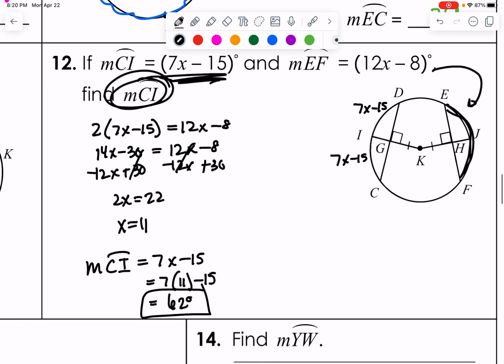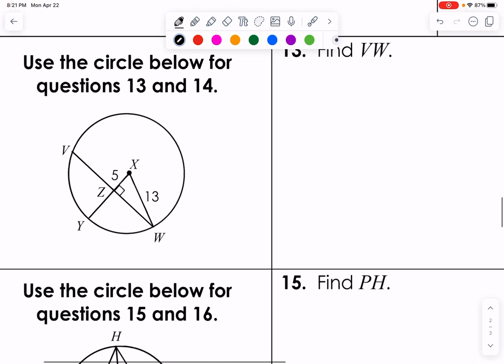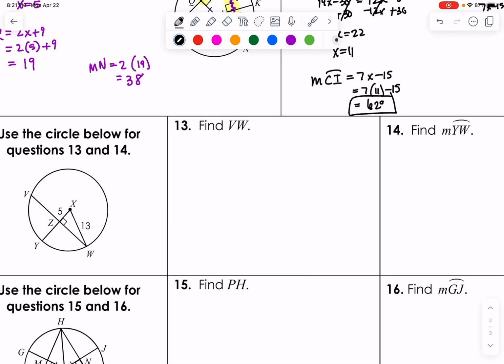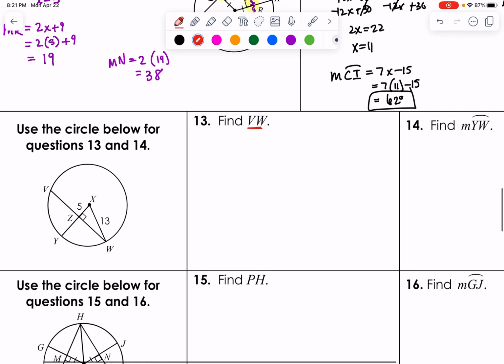All right, one more thing about chords. So this time the diagram is only one chord. It doesn't change a lot of the properties though. So what we're trying to do is figure out, to start with, WV.